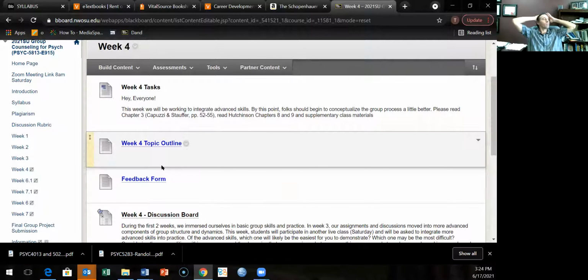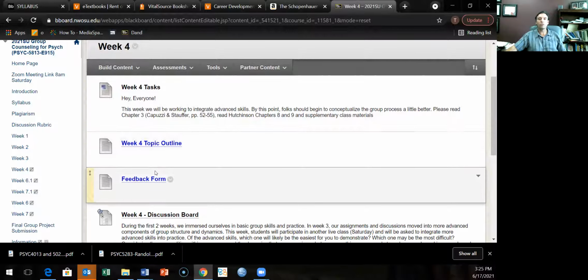But really, we worked a lot on micro skills a couple weeks ago, and now it's more like group specific skills. So I may refer to these group specific skills as advanced because they really are. You're moving into a situation where you're interacting with many people at once. It's just not an individual dynamic anymore.